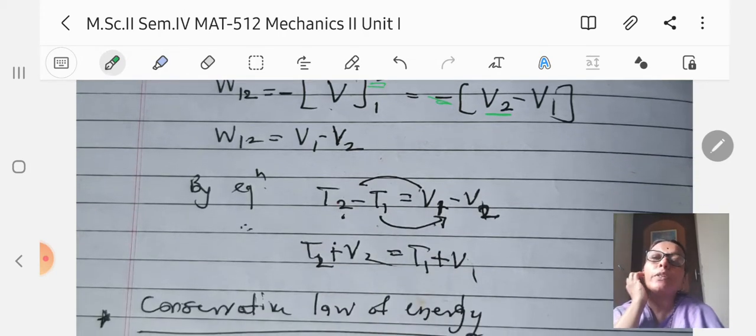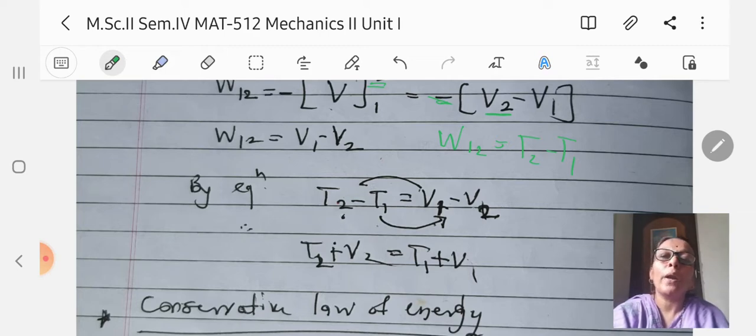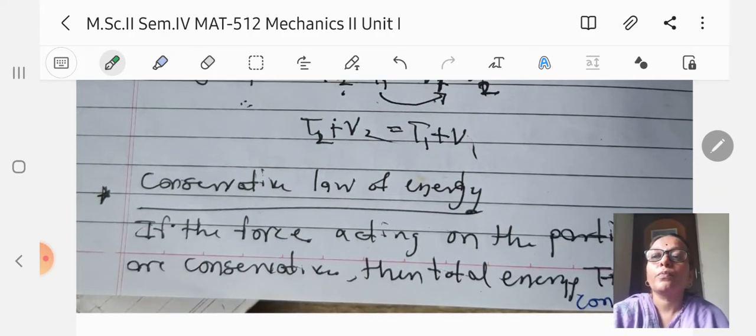Now by the previous equation, W12 was T2 minus T1, and therefore combining these two equations, we can write W12, that is T2 minus T1, equal to V1 minus V2. Taking the one part to the left side and the two part to the right side, we get T2 plus V2 equal to T1 plus V1, that is the conservation law of energy.